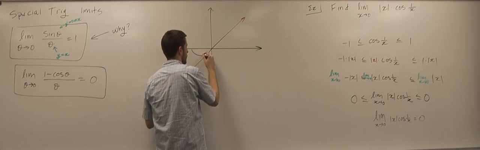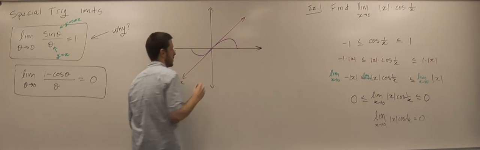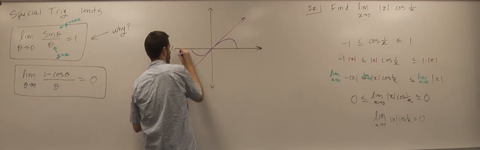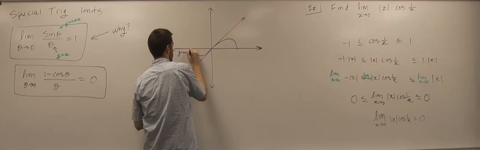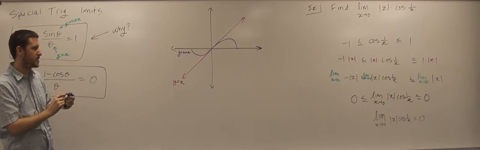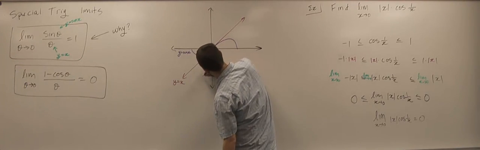It ends up looking like this. If you graph tangent x, which is the green one, it ends up looking something like this.